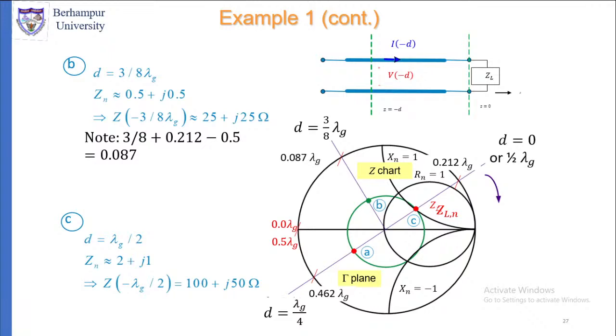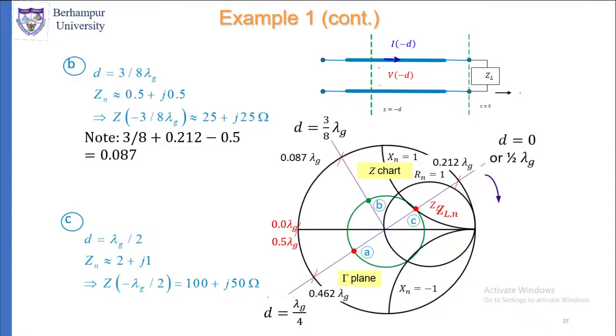Towards the generator, if you look at it, you will see 0 lambda g, 0.1 lambda g, 0.2 lambda g, and so on, up to 0.5 lambda g. All those you will see on the perimeter as we have seen in the last class.